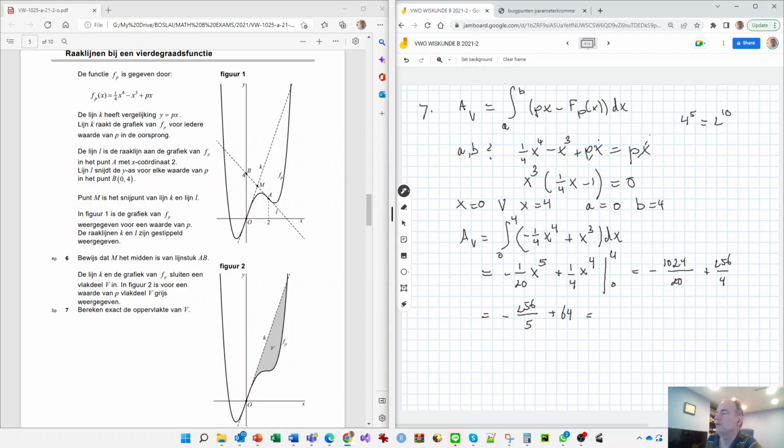Well, we still have to put it in the same denominator. And 5 times 64 is 320. So I get 320 divided by 5. Actually, I would just use the calculator in these things, just to prevent any mistake, or at least double check your answer.